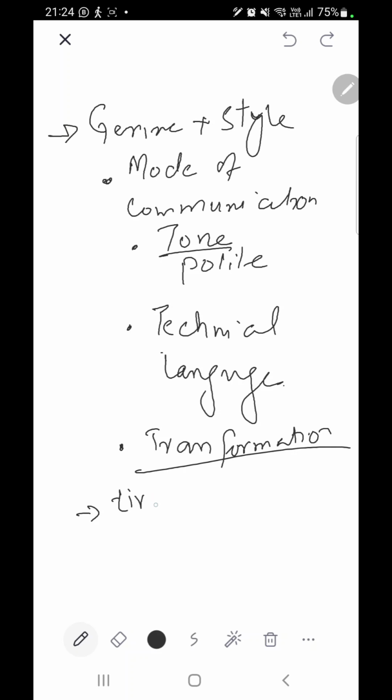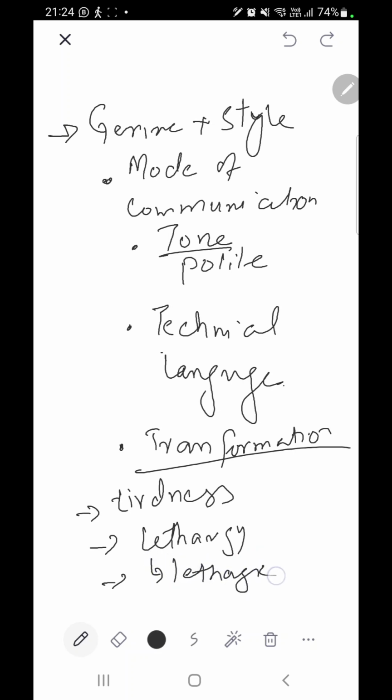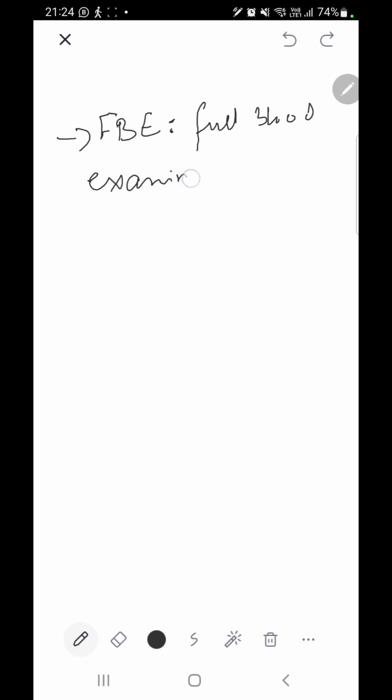Maybe if it's tiredness, you can transform it to lethargy, or you can transform it to lethargic, and so on. Similarly, abbreviations are not appreciated, so full blood examination is preferred to be written in this form. Okay, so these are some of the things that you have to keep in your mind.